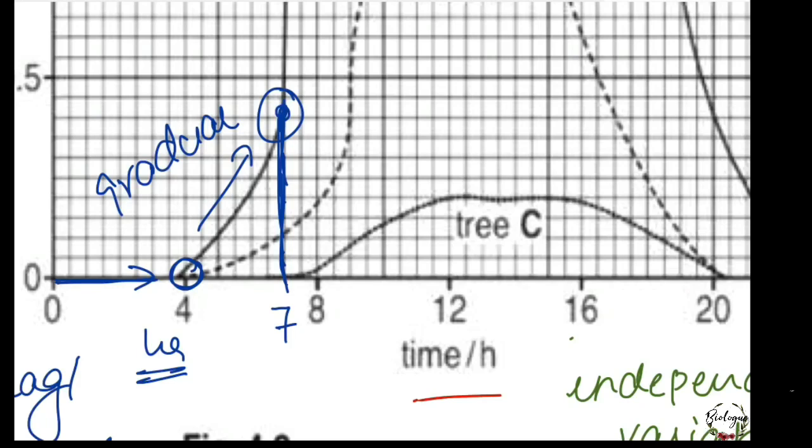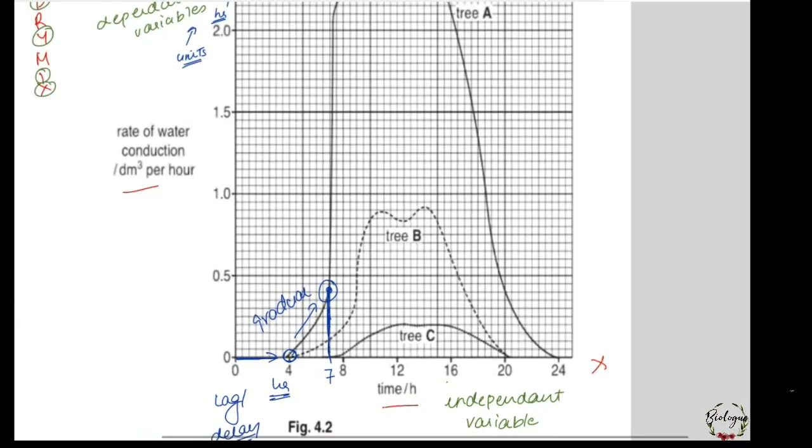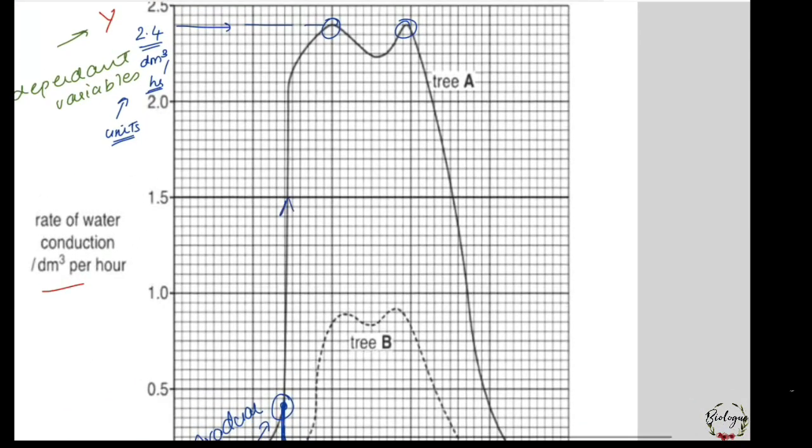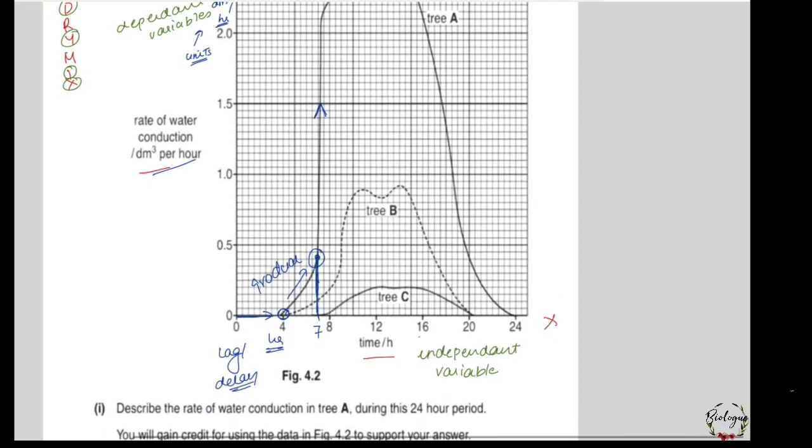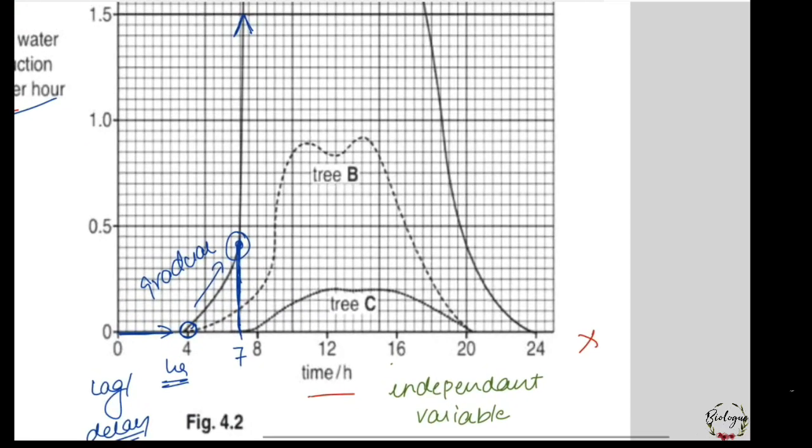But a steep increase is seen by the gradient of the curve. If the gradient of the curve is very steep, like in this case, look here, that would mean that there is a steep increase in the water conduction rate per unit time. You should also mention from which point this steep increase starts.